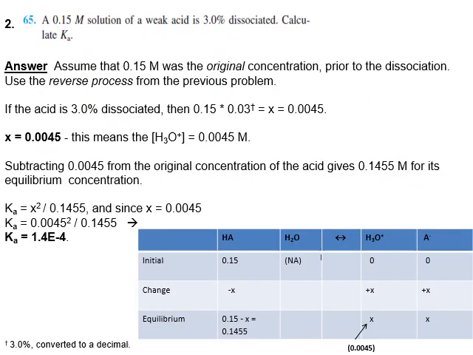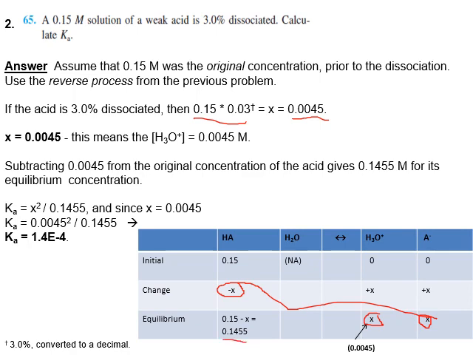Next. So here it is. When you multiplied the 0.15 times the 0.03, you get 0.0045. So this is going to be 0.0045, and so is this. Also, you're going to have to subtract 0.0045 here from the 0.15 to get your equilibrium concentration for your HA.